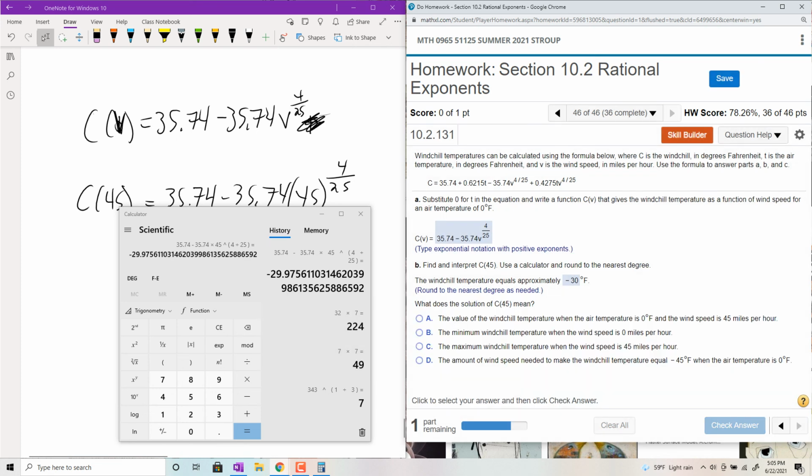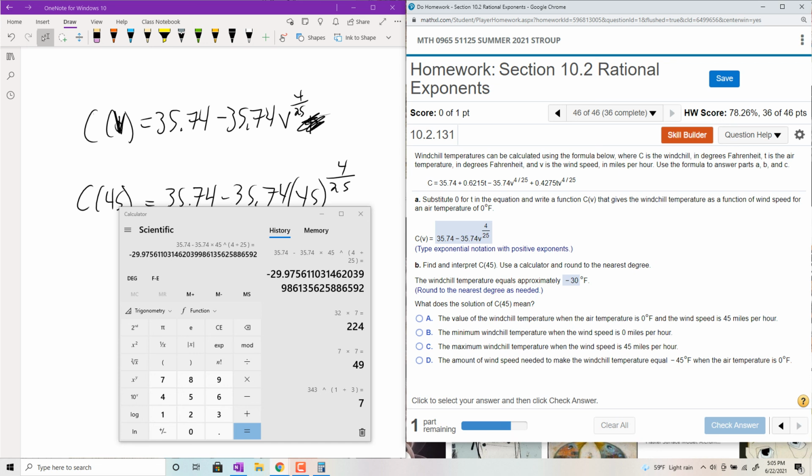Interpret this. So let me reread the question again. V is wind speed. Okay, so I think wind chill. So when the temperature is 45 degrees Fahrenheit, the wind chill will be, it'll feel like it's negative 30 degrees if your wind speed is 45 miles per hour. Okay, the value of the wind chill temperature is 0 degrees.